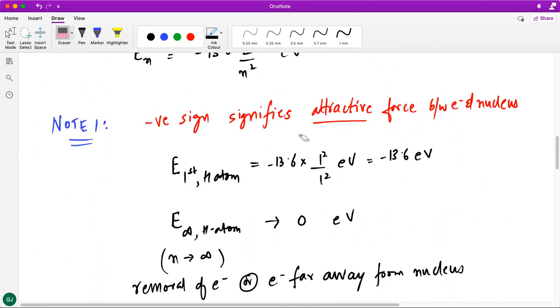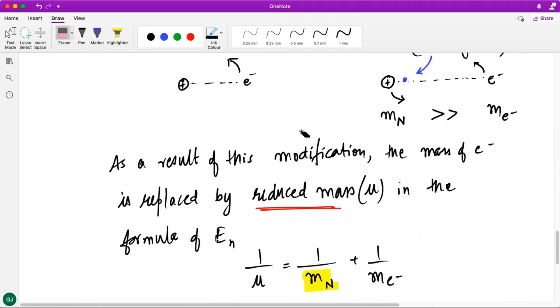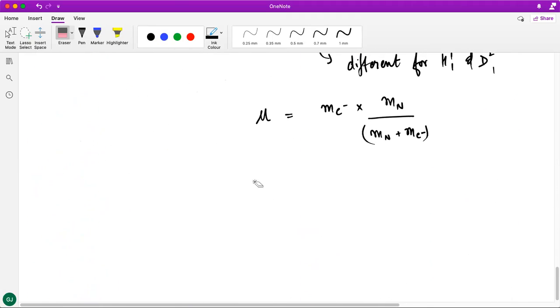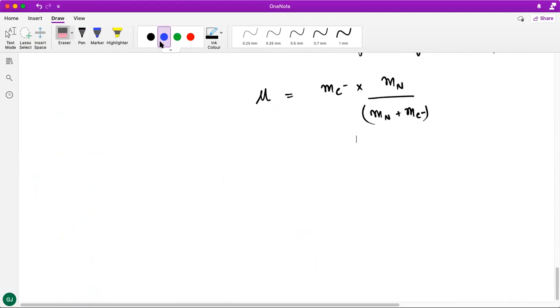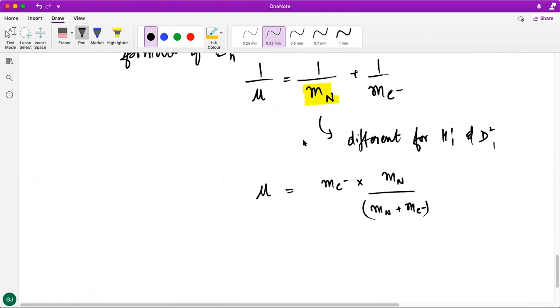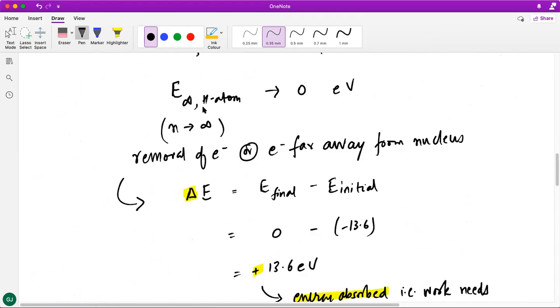Okay, now let's come back to the normal concepts which we had studied some time back. Energy of electron in the... so you just need to replace this mass of electron.